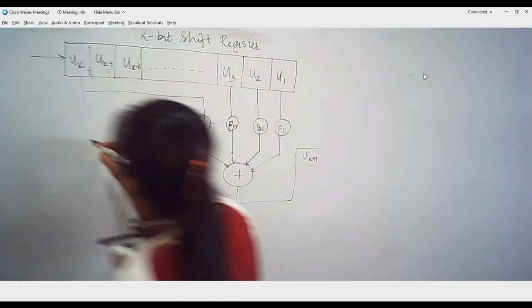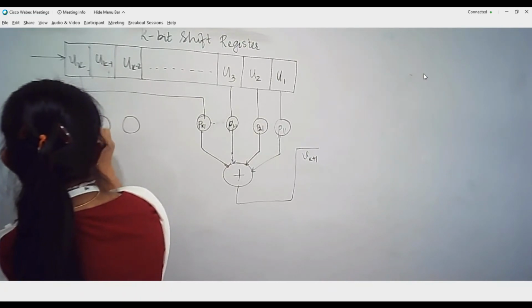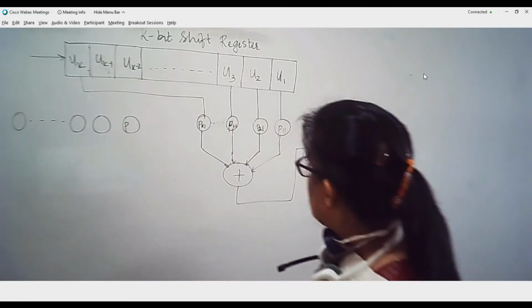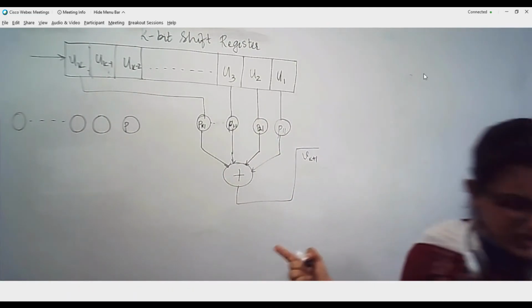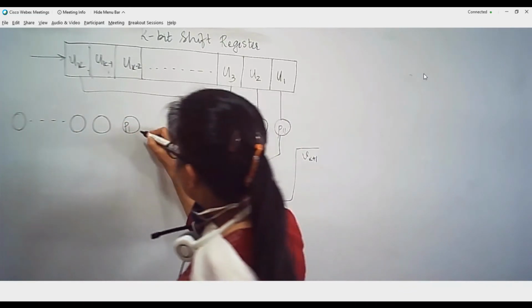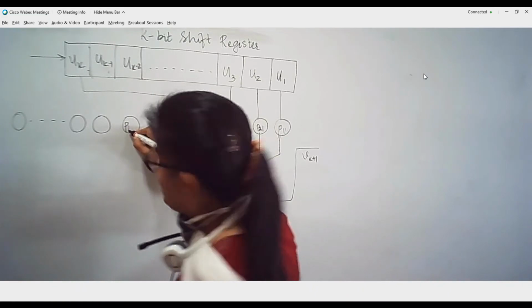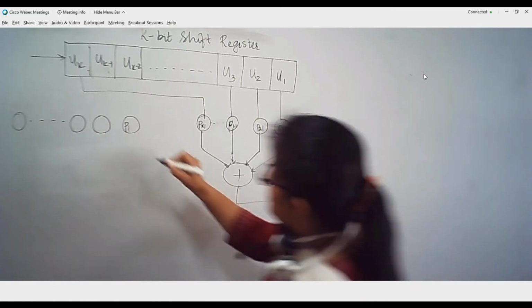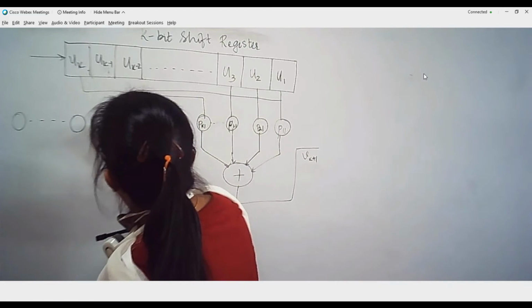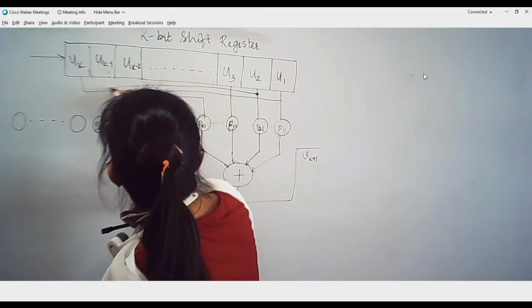Then I will come to the last row of the parity, because I cannot write everything over here. Let me write the last parity, which is V of n. For V of n, it is P1,n-k, which will be multiplied with U1. P2,n-k is multiplied by U2, so you can connect the lines from here.